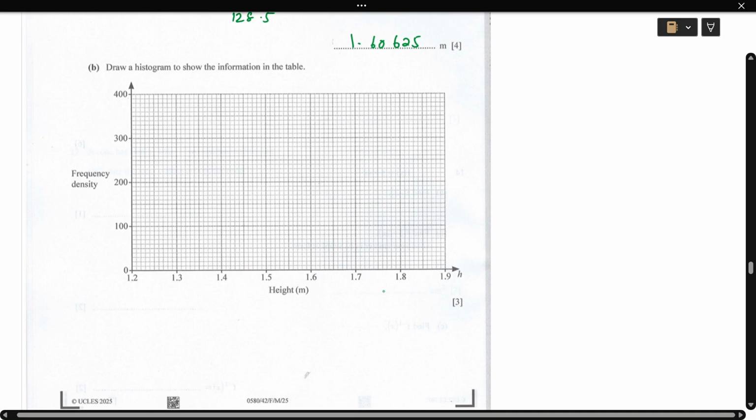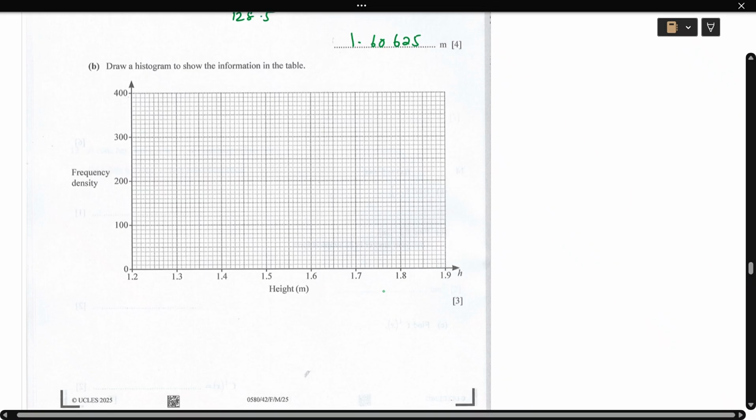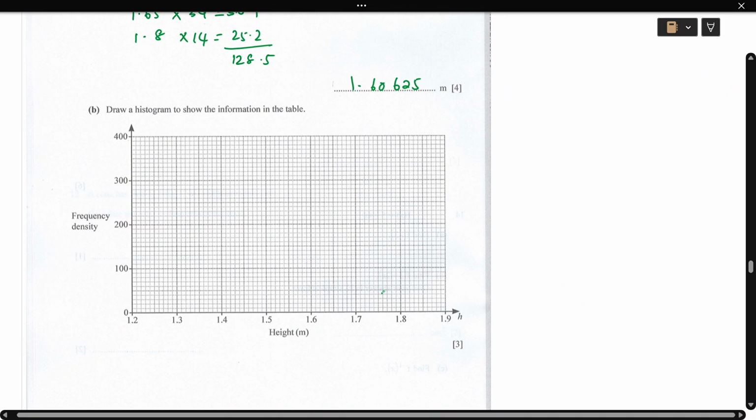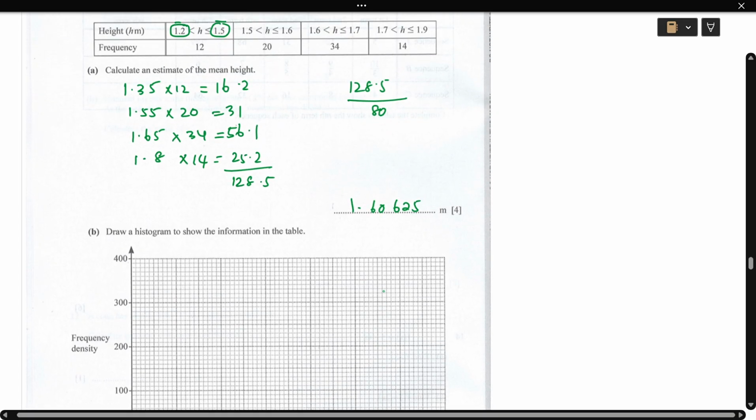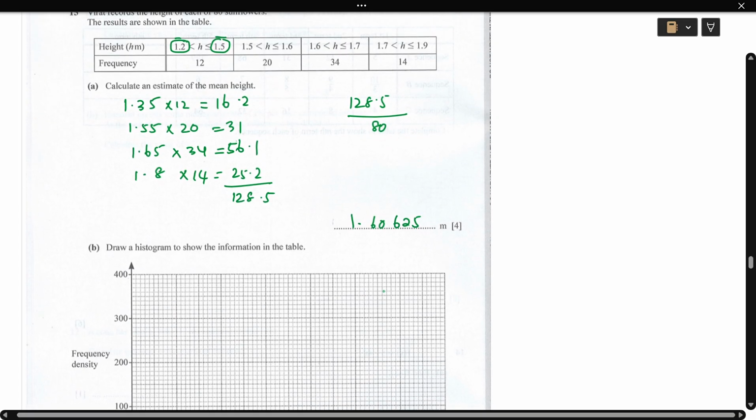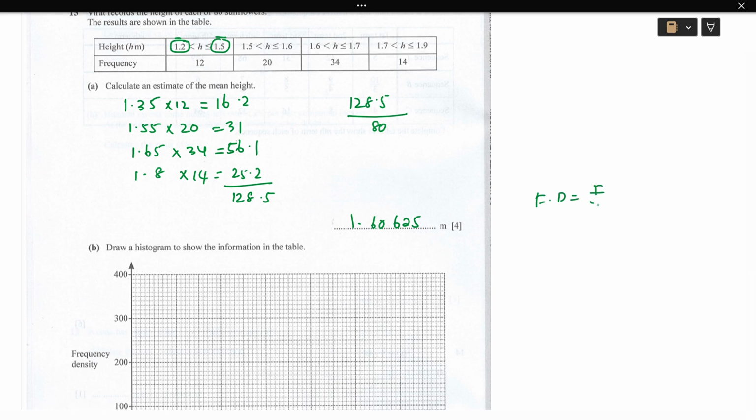Okay. Next question, we need to draw the histogram. So here we need to find the frequency density. Frequency density equal to frequency over the class width.